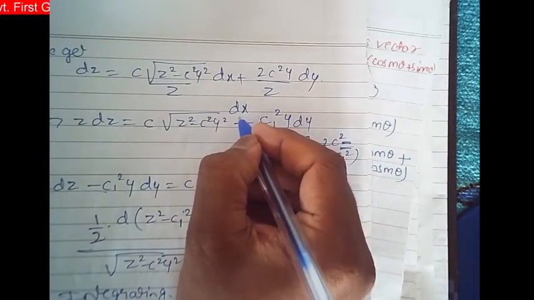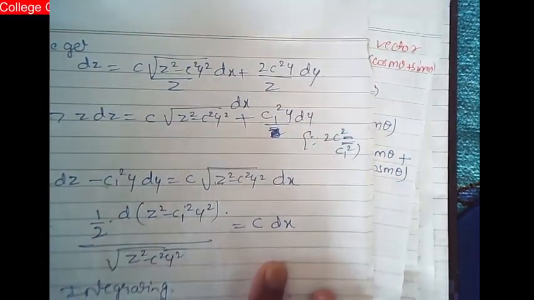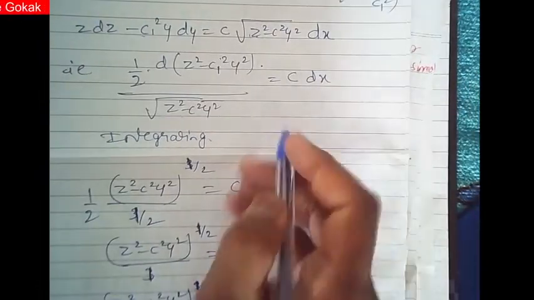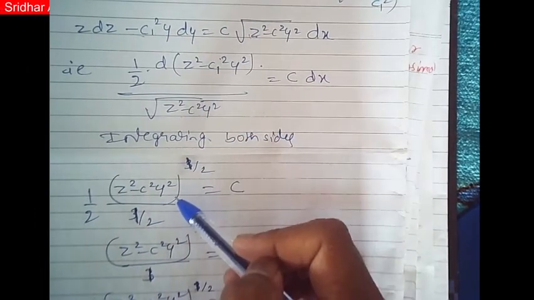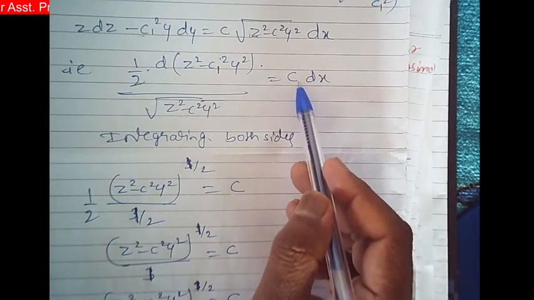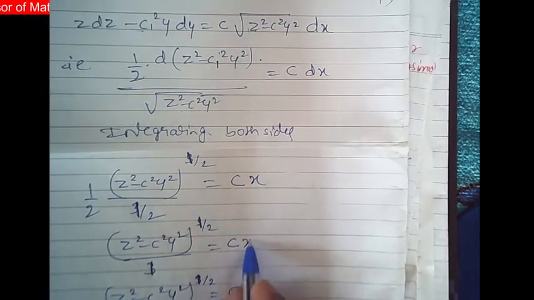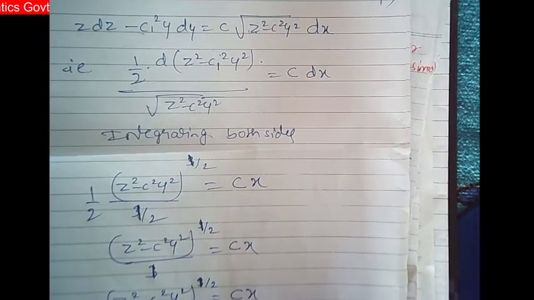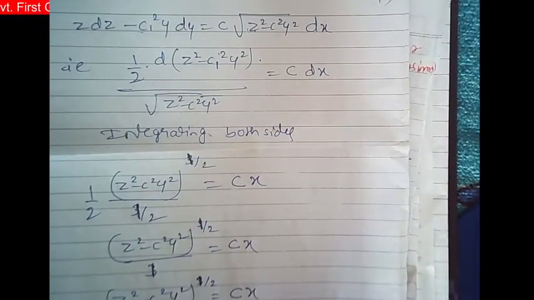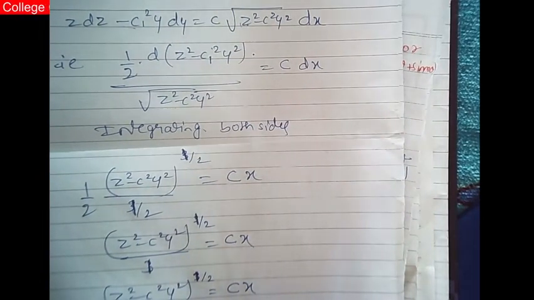dx is there. Here we forgot to write this dx, and here also we multiply with this dx. So when we integrate both sides, this is integrated and we have written here, but this is not integrated, so therefore the integration of c dx is cx, then on squaring both sides, c square x square plus c square y square.